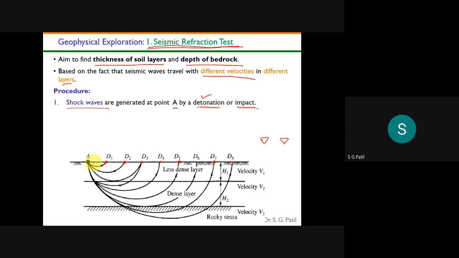Or if blasting cannot be done, you can hit with a hammer, so that you are creating some shock waves.